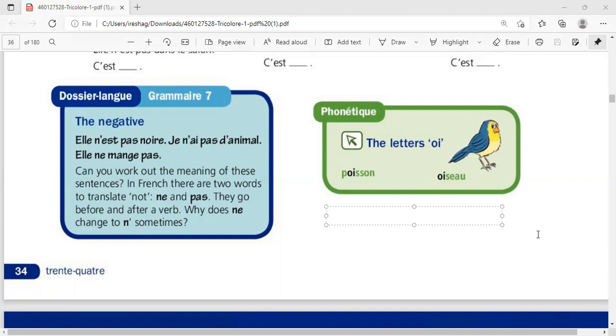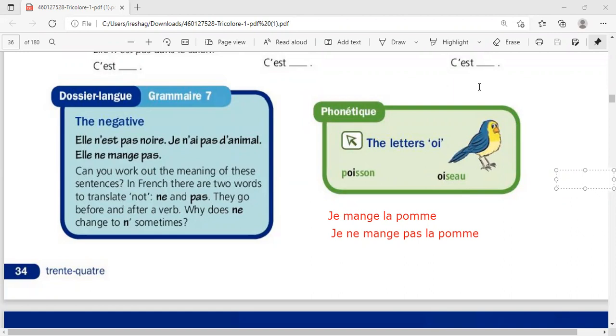Can we have a sentence like you want to say, I eat an apple. Je mange la pomme. I eat the apple. So to make it negative, what you're going to do is je, you put ne, and then mange as it is, and then pas at the end, and la pomme. Je ne mange pas la pomme.